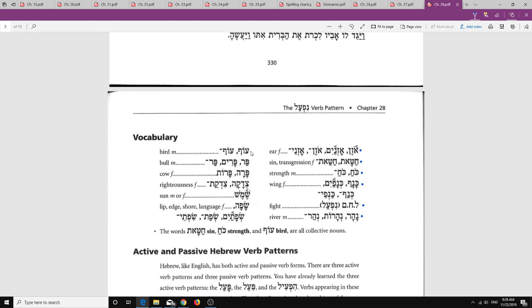Okay, next we have oaf. Oaf means bird. The way I remember this word is by the English word oaf, meaning like a fool, and I think of maybe bird-brained, like a foolish person. So oaf.